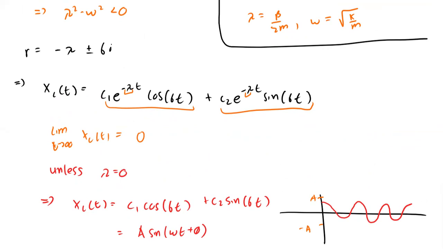Because remember, the system starts with finite energy. Basically, you pull on the system, you're given a potential energy, you let go, and you have kinetic energy, but that energy is eventually all lost because of the damping. So even though you do get oscillations, the solution still eventually goes to zero, as we see from this limit. All I'm doing here is some analysis on the solutions, which is important.